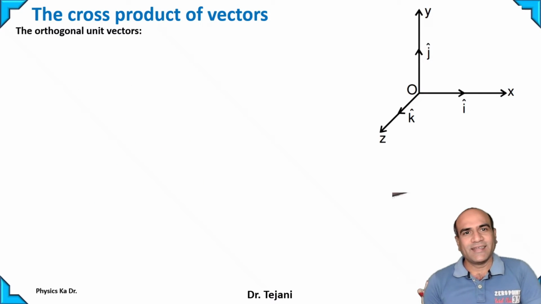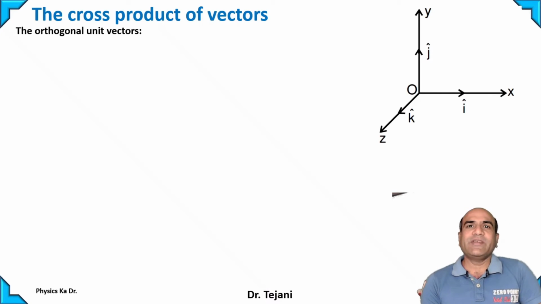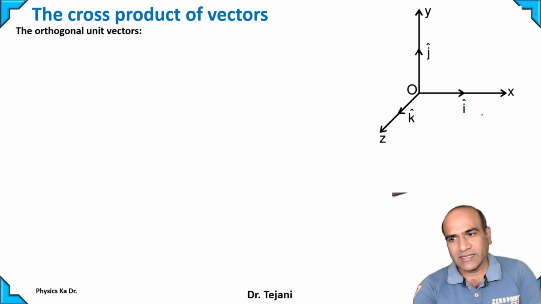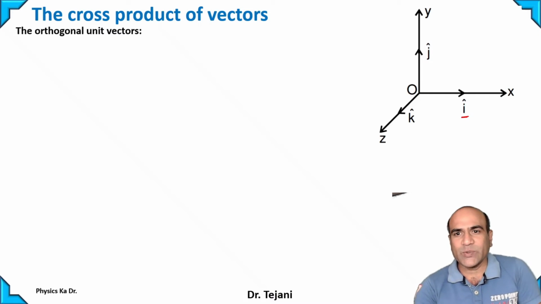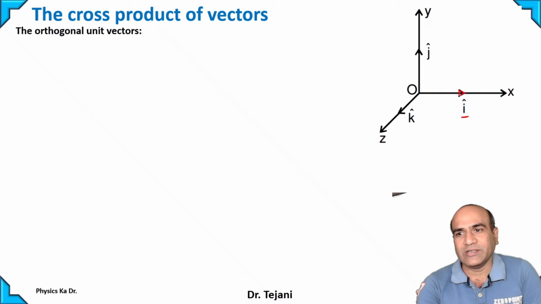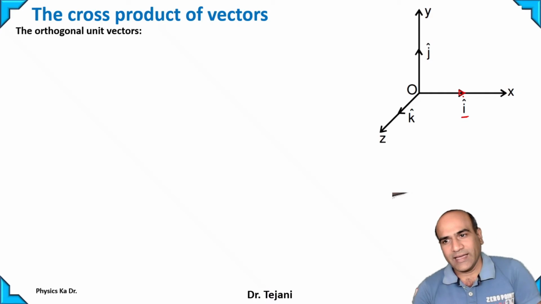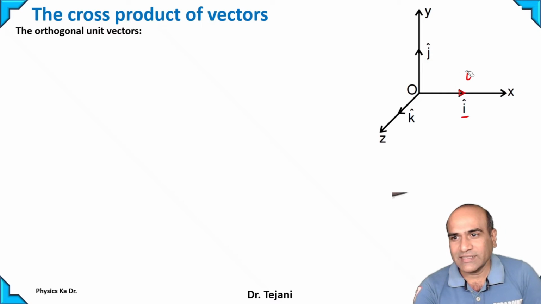So we have here the cross product of vectors, and first, the orthogonal unit vectors. When we talk about unit vectors in the Cartesian coordinates, along the x direction i is to be considered a unit vector. A unit vector only has direction, and its magnitude is to be considered as 1. It has a symbol i with a cap, and likewise j and k.